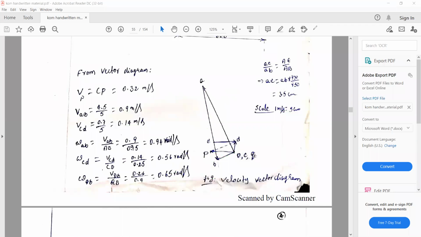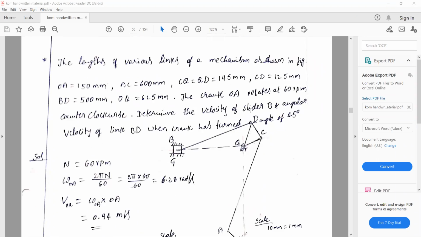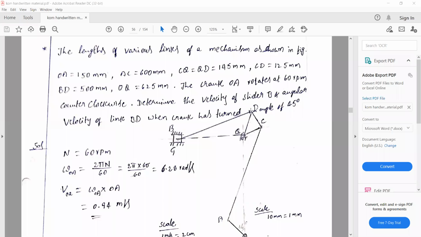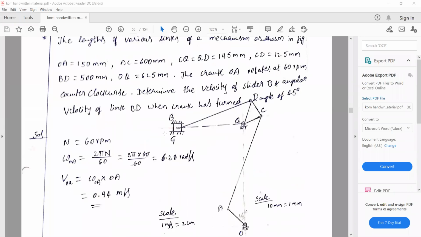Is it clear? Now we are going to see another problem. The lengths of various links of a mechanism are as shown in the figure. So all of you observe that. OA, the given diagram is there. OA is 150 mm and AC is 600, and CQ and QD are 145 mm, and CD is 125 and BD is 500 mm.